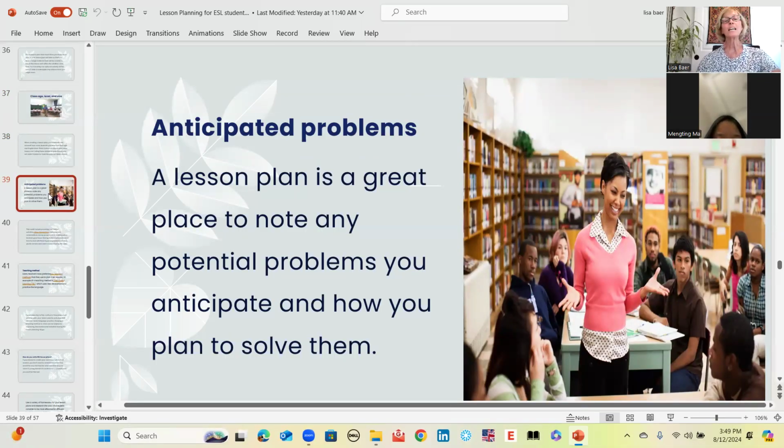And then you need to anticipate problems. And usually with younger kids, you could have a problem with kids not transitioning quickly enough, kids talking, having to stand and wait for them to get it together. I mean, with younger kids, there are a variable number of things that could go wrong.